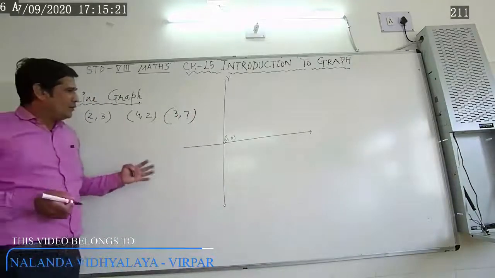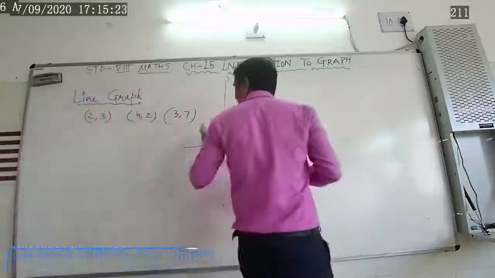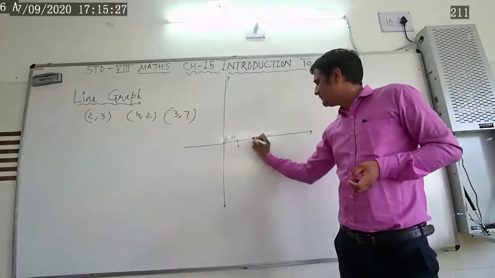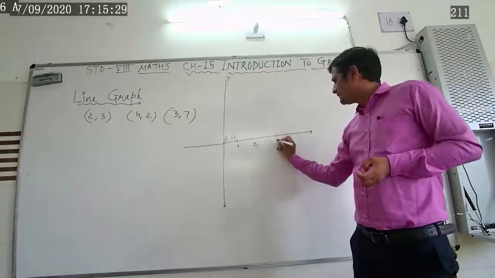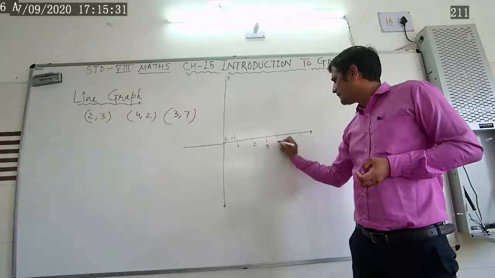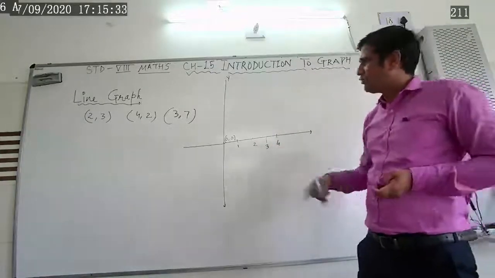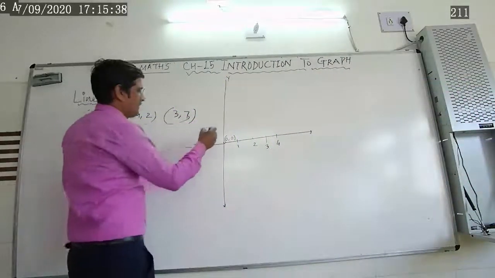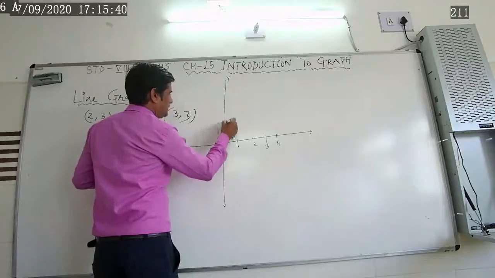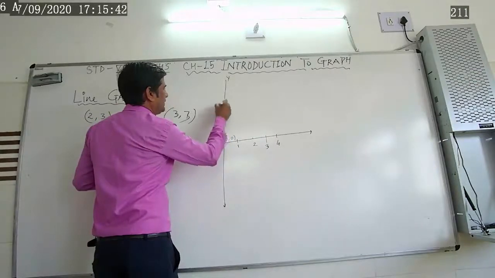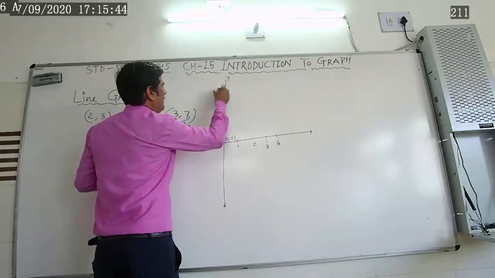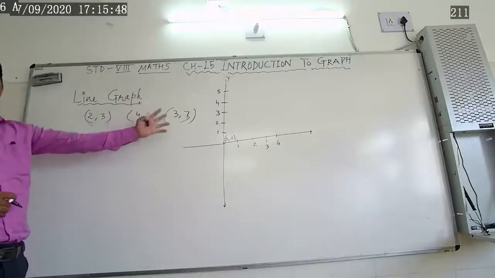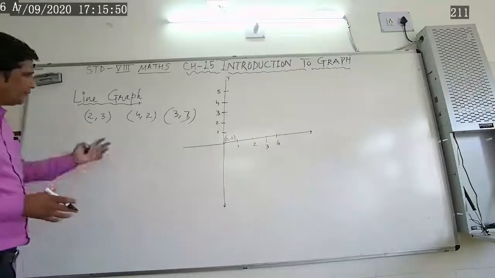You know very well that the points I have written here are on x-axis and y-axis. On y-axis, we can take 1, 2, 3, 4, 5. Likewise, whatever the location we have to draw on the graph paper, we can represent.